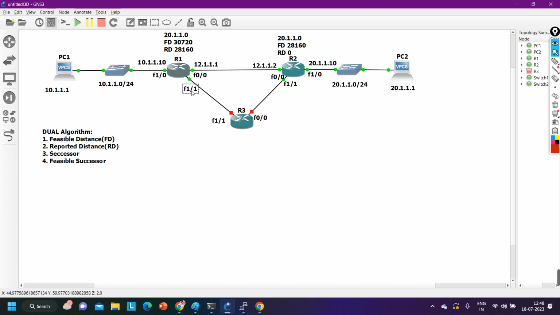Now, if router 1 wants to reach the 20.1.1.0 network, how many paths does router 1 have? 2. Router 1 has two choices: it can forward traffic to router 2 or to router 3.